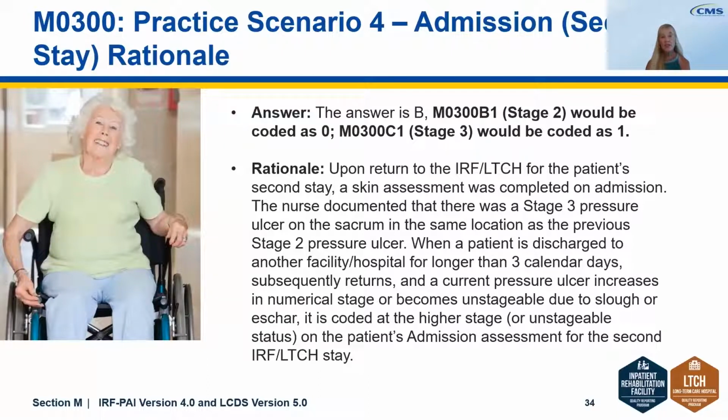Remember that when a patient is discharged to another facility or hospital for longer than 3 calendar days and then subsequently returns, and a current pressure ulcer increases in numerical stage or becomes unstageable due to slough or eschar, then it is coded at the higher stage or unstageable status on the patient's admission assessment for the second IRF LTAC stay.